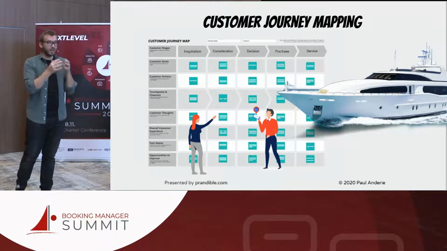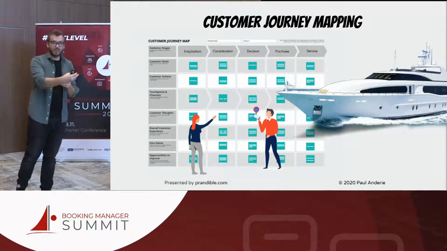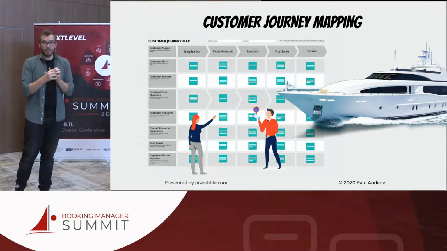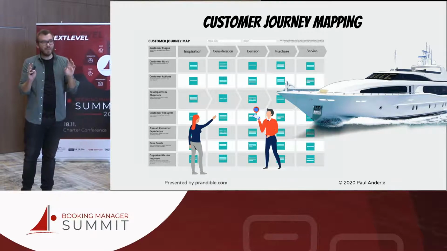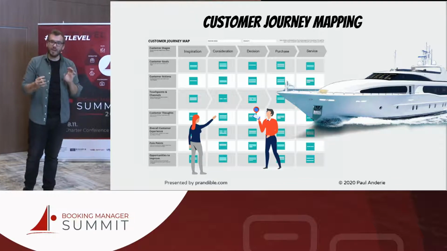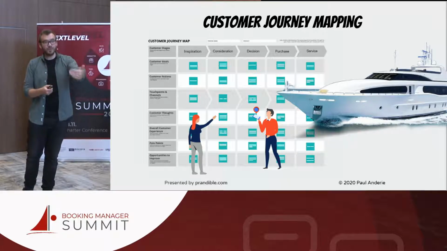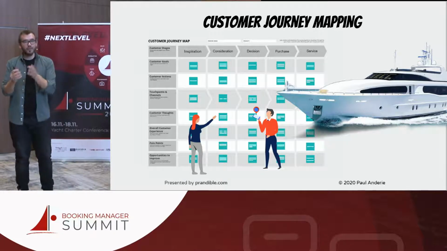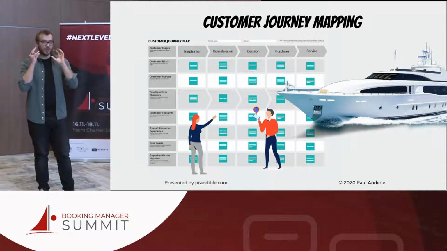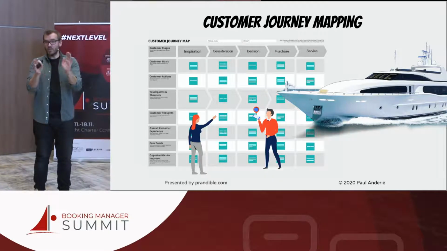They have different intentions and goals than when they want to compare prices. That's more the decision period. When the purchase is happening, then of course they have totally another goal. They want maybe more background information on the place where they will have the vacation. And of course, after the trip has happened, they have totally different goals, a totally different thought process, on your clients, which you probably know the best.